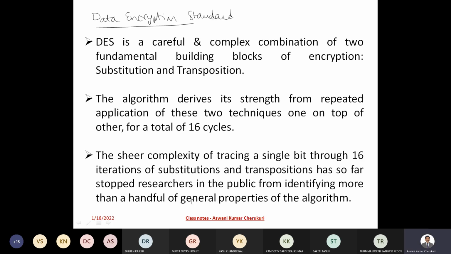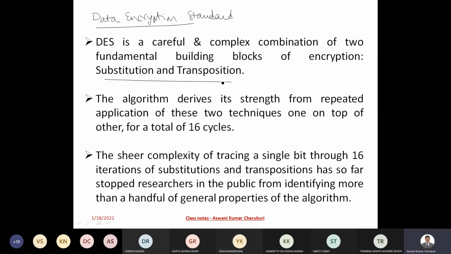Are you able to see the text? So DES is the first commercially deployed encryption algorithm. And remember, it is performing both operations, substitution and transposition.